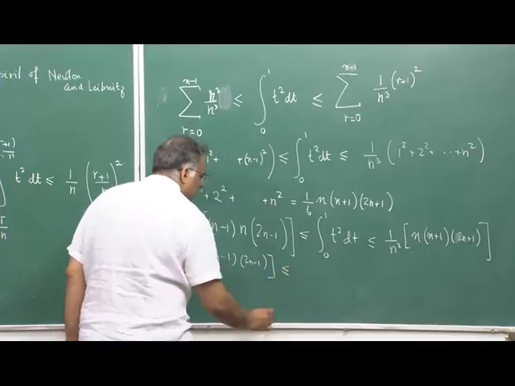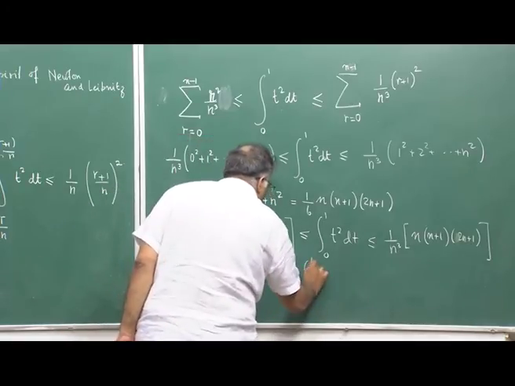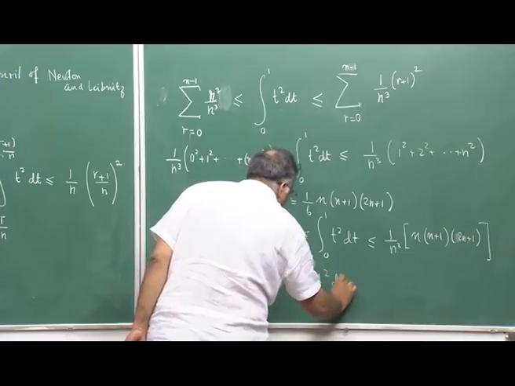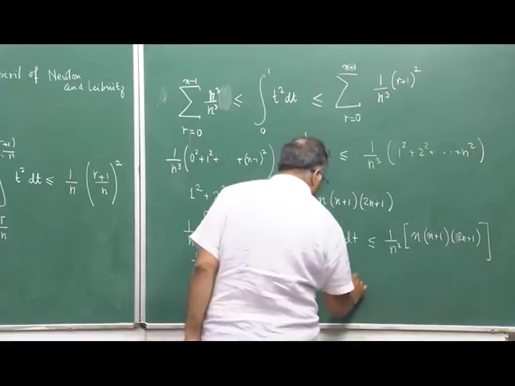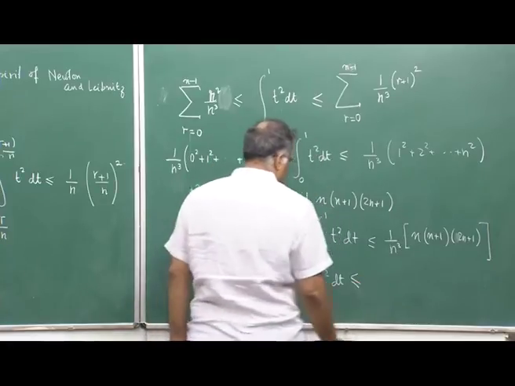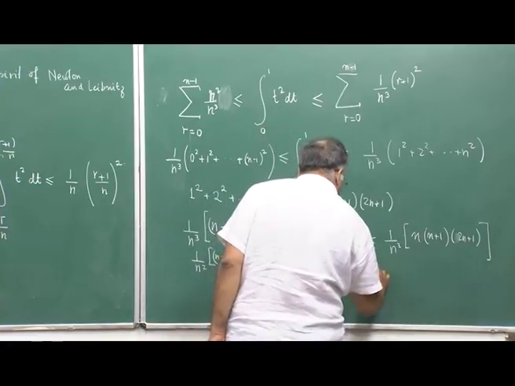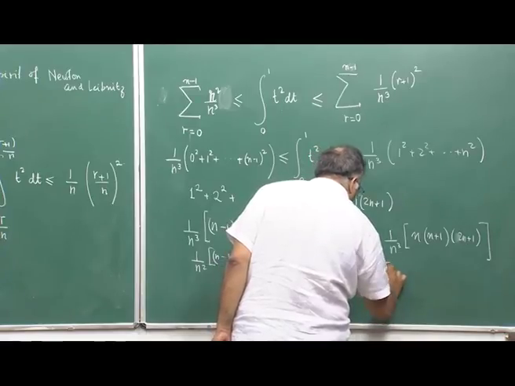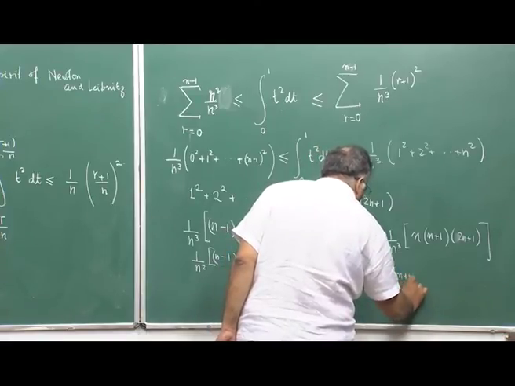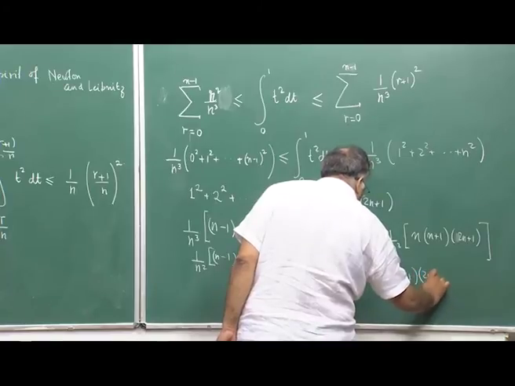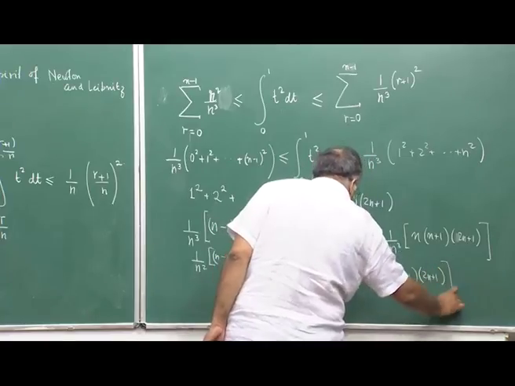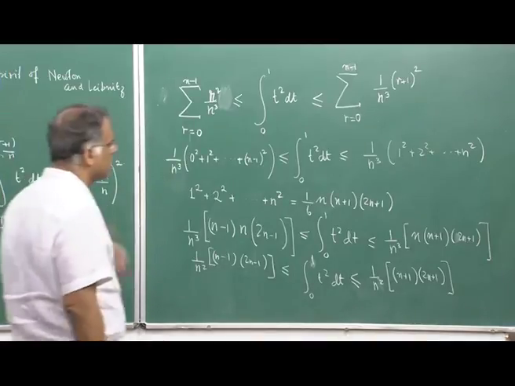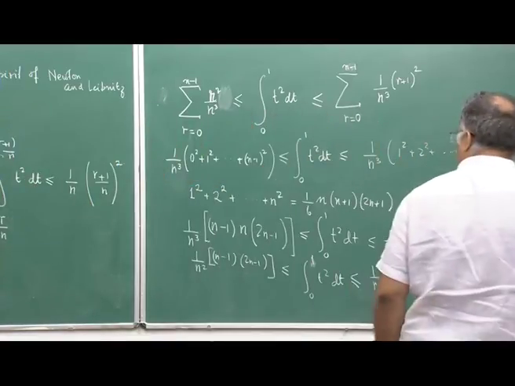This is less than or equal to the integral from 0 to 1 of t square dt, which is less than 1 by n square into (n plus 1) into (2n plus 1). Now as I told you, I will split it up, and hence let us come to this side of the expression.